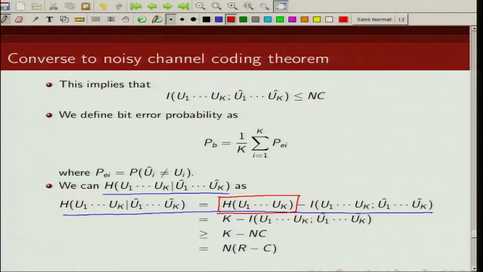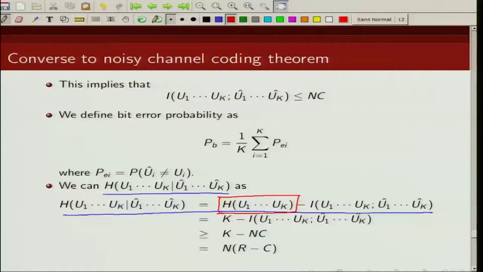The ui's are the output of a binary symmetric source, and they are independently identically distributed. So, H of u1, u2, u3, ..., uk is H of u1 plus H of u2 plus ... H of uk, and H of ui was 1 bit because it is a binary symmetric source.